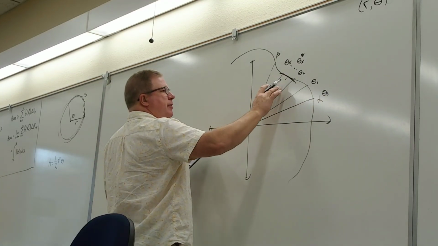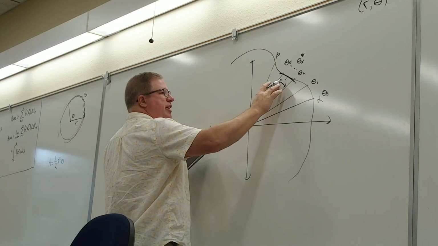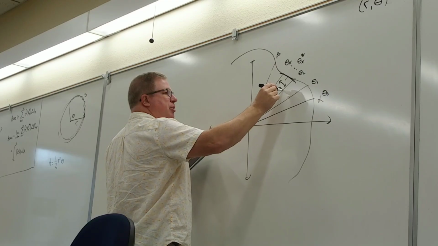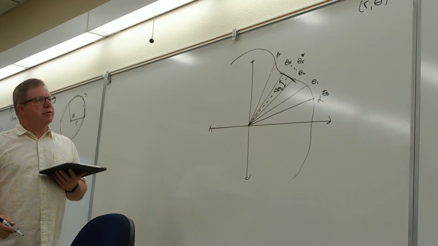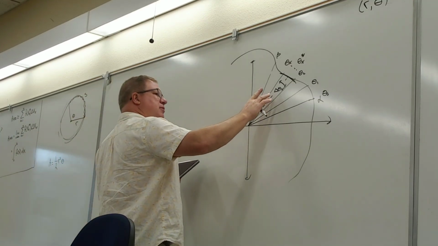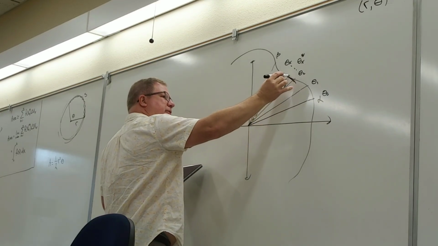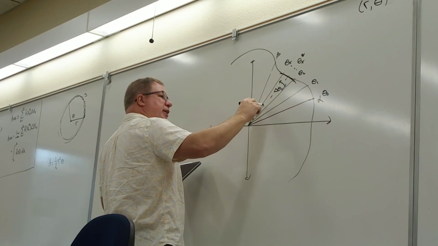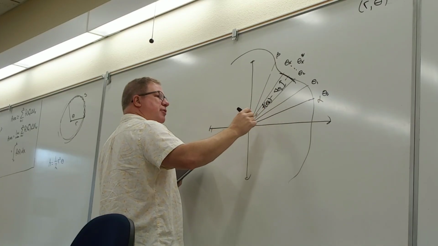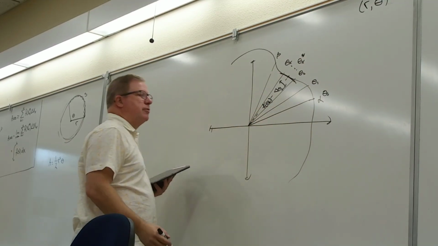The angle between two of these is going to be our delta theta sub k. And the distance from the origin out to there, that's going to be f of theta sub k. That's your r, that distance from there to there.